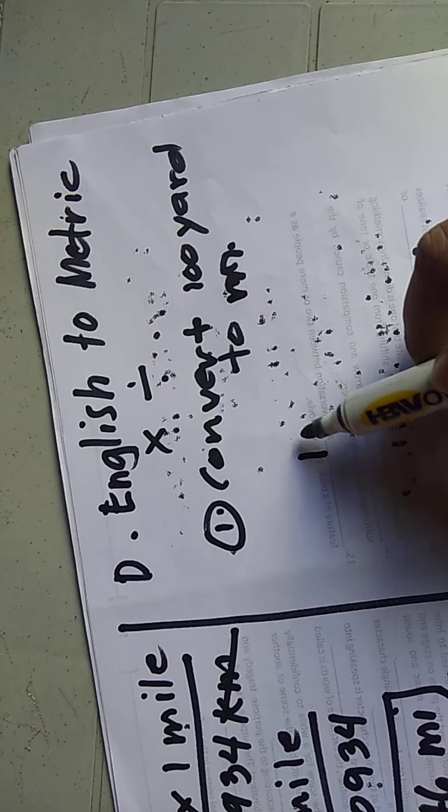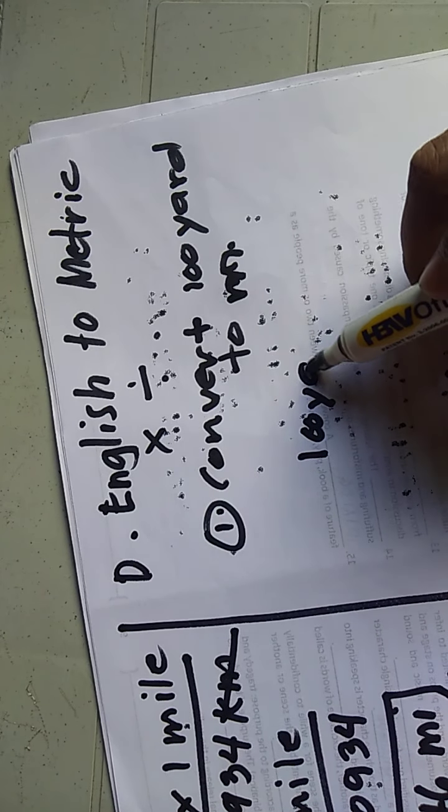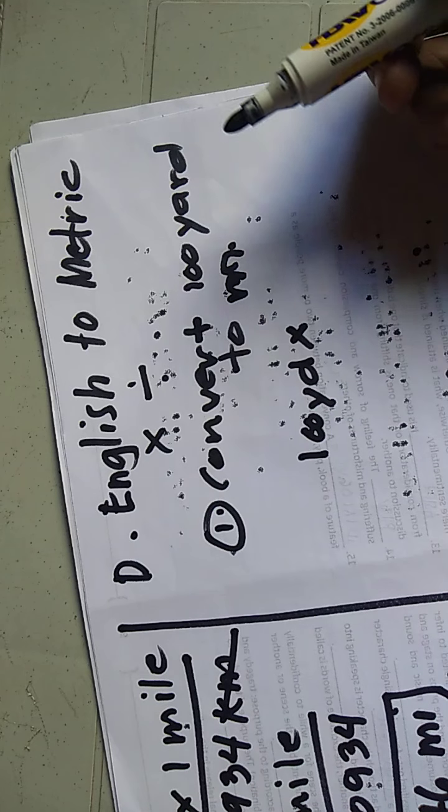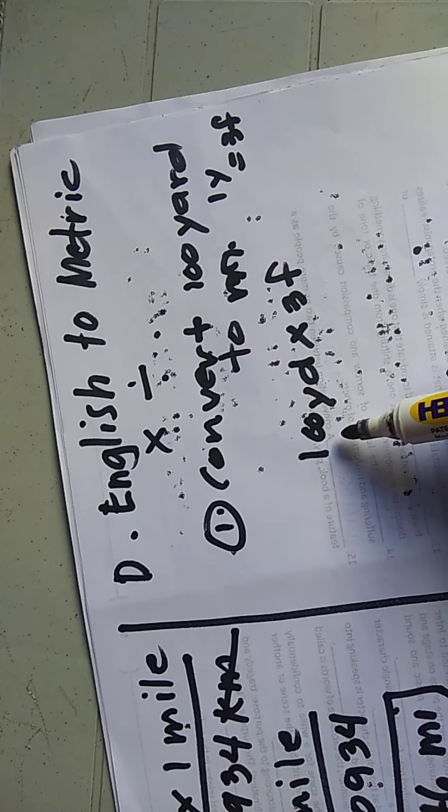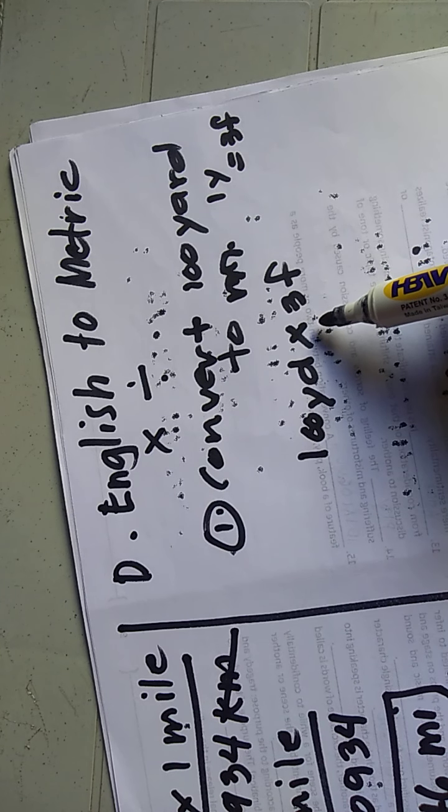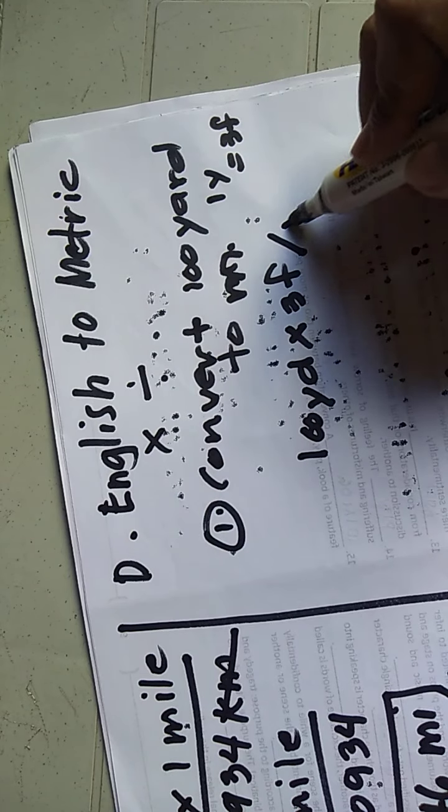So, we have here the ratio of 100 yard times 3 feet. Okay, it is because that every 1 yard is equivalent to 3 feet. Kaya, ang ilalagay natin ay 100 yard times 3 feet divided by 1 yard. Okay?